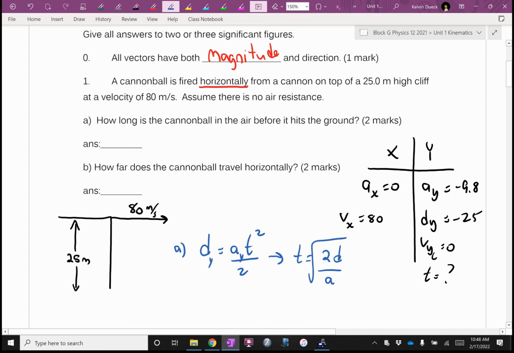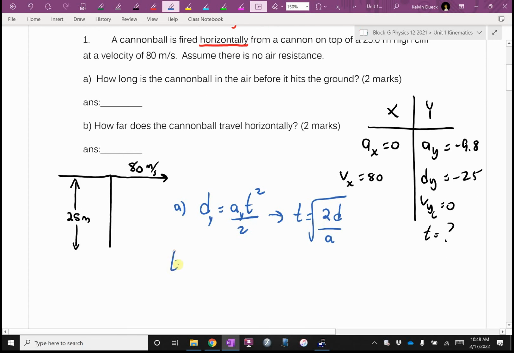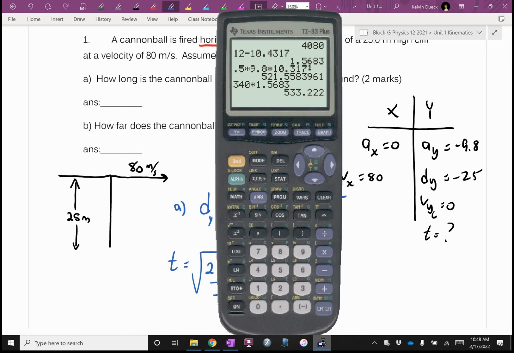So t equals the square root of 2 times negative 25 over negative 9.8. Answer button, and I get 2.26 if I go to 3 sig figs.